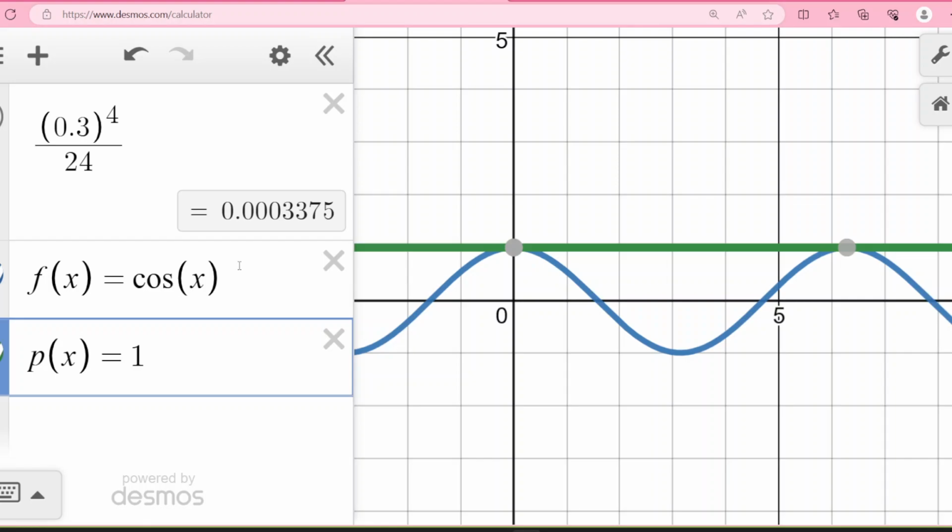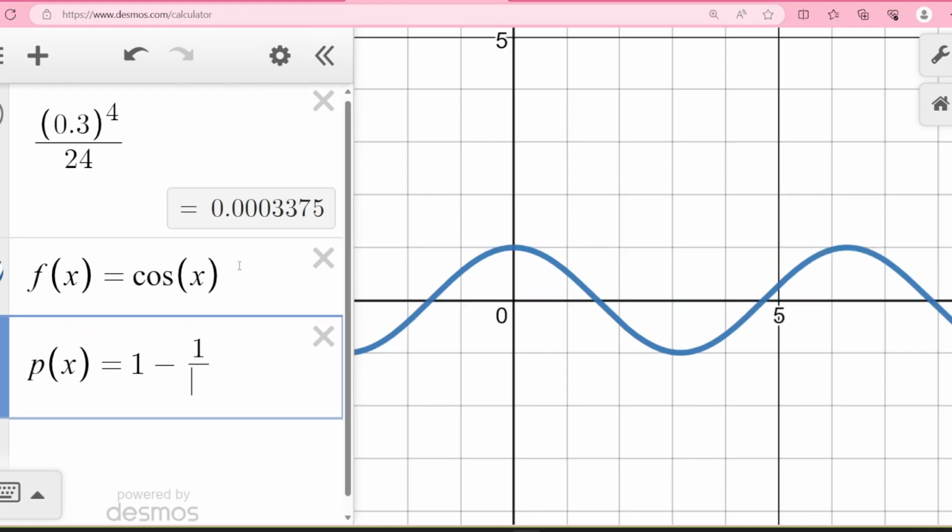The derivative is negative sine, that would be 0 at 0. Then I'm skipping that and going to negative cosine, so minus 1 over 2 times x squared. And then the third term would be 0. So you see that the second Maclaurin polynomial, and we saw this earlier too with the cosine function, is exactly the same as the third.